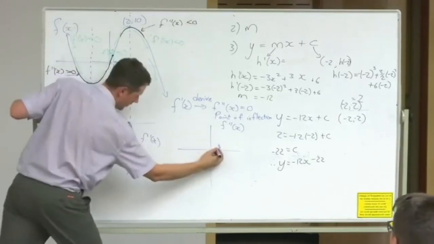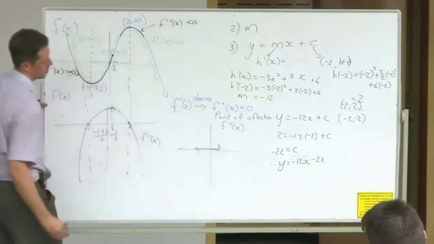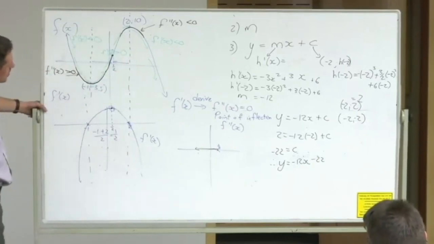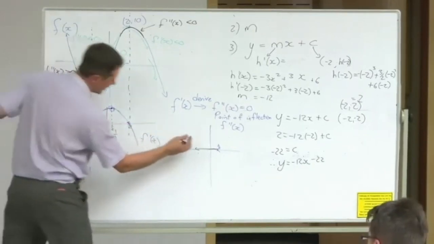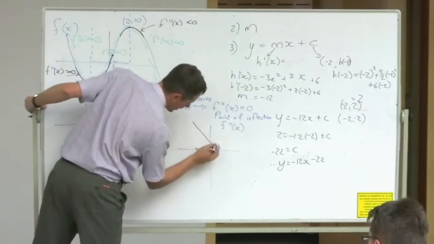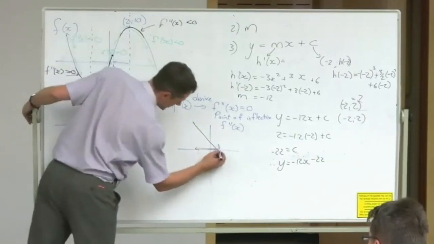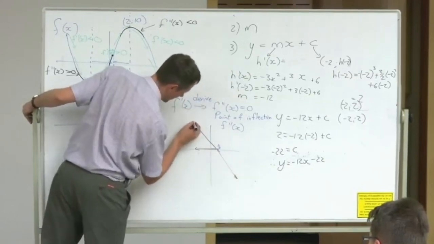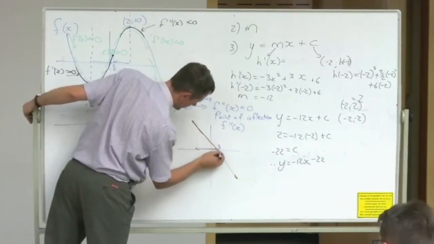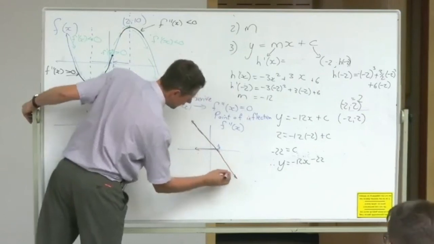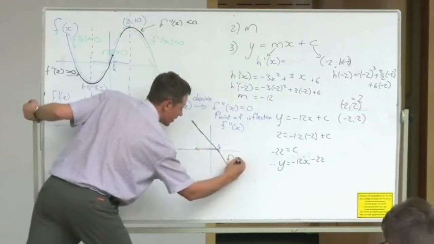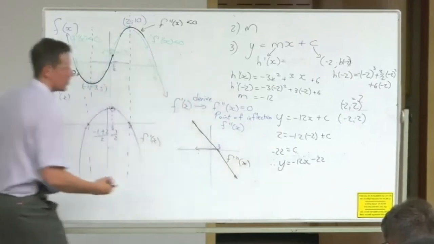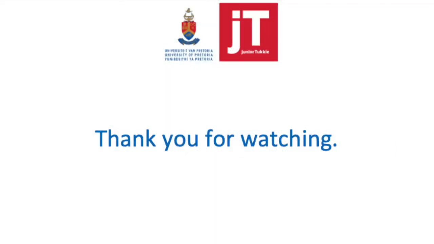So on the left of a half, my concavity is up. On the right of a half, my concavity is down. So this straight line looks roughly like this, and that is my second order derivative.